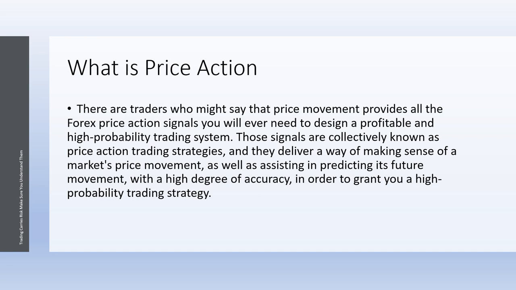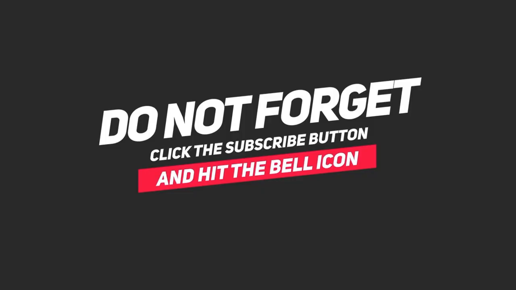Those signals are collectively known as price action trading strategies, and they will deliver a way of making sense of the market's price movement, as well as assisting in predicting its future movement with a high degree of accuracy in order to grant you a high probability trading strategy.